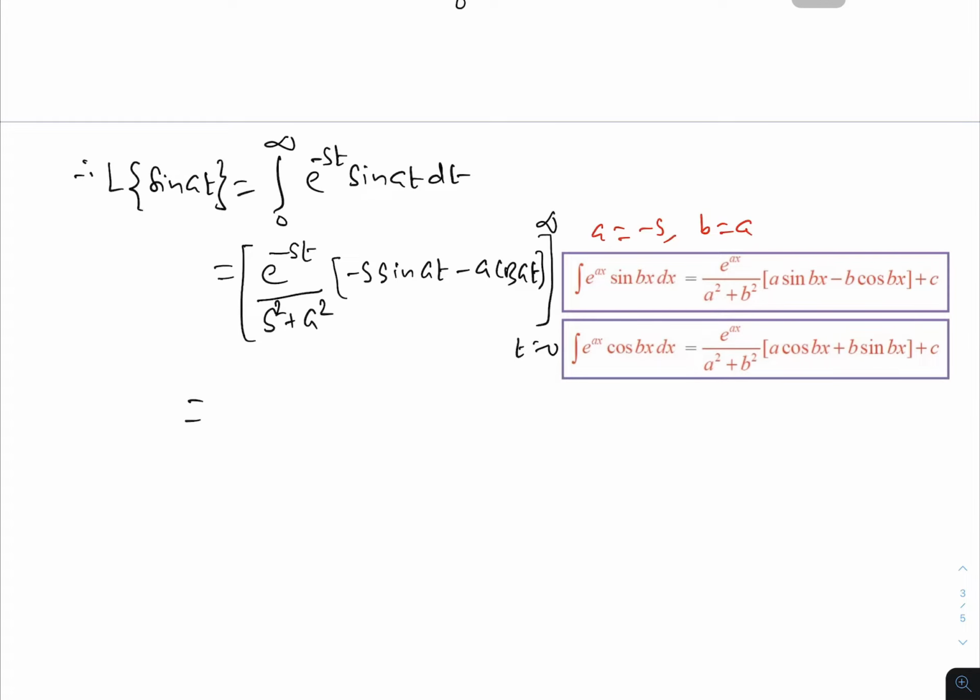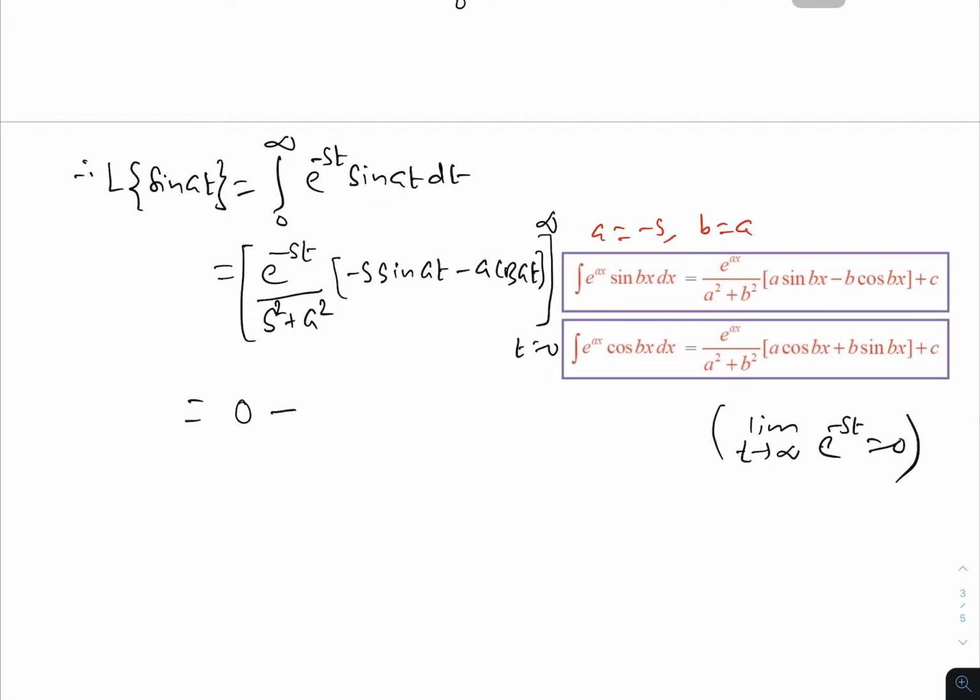And so this is equal to, when you apply infinity, again the limit as t tends to infinity of e power minus st is 0. So when you take infinity, because of this it is 0. So the upper limit is 0, minus the lower limit t equal to 0. When you apply t equal to 0, this part is 0 because sine 0 is 0, and e power 0 is 1.